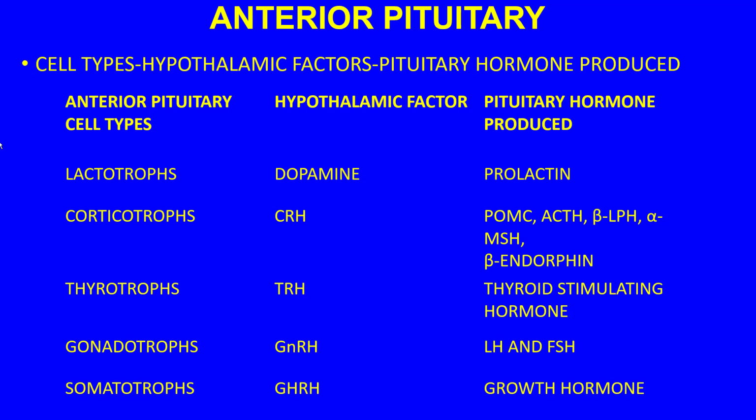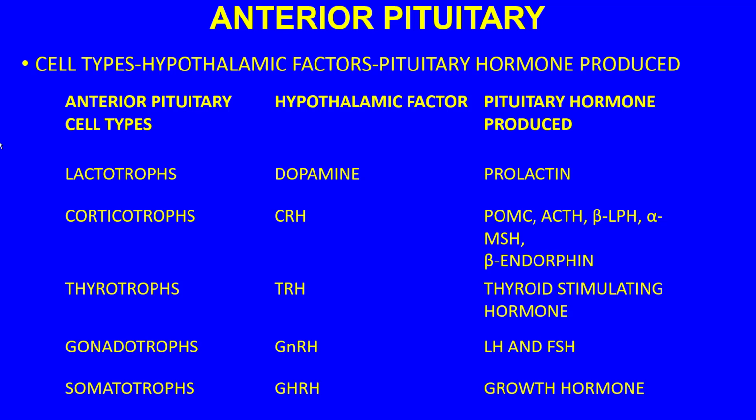The hypothalamic factor that stimulates lactotrophs is dopamine, and this causes the production of prolactin. The hypothalamic factor CRH acts on corticotrophs, and that creates POMC, which is then broken down to ACTH, beta lipotropin, alpha MSH, also may include beta MSH and gamma MSH, but also what's known as beta endorphin. That's an endogenous opiate, which we'll mention a little bit more later on.